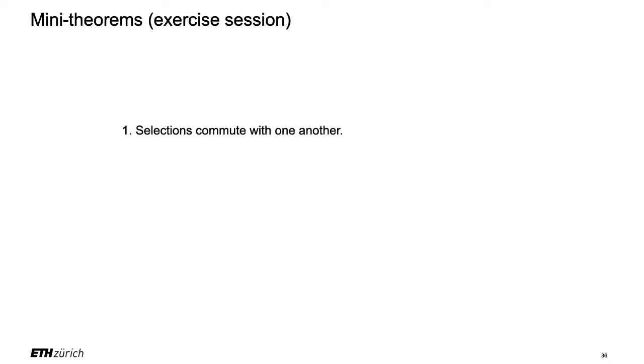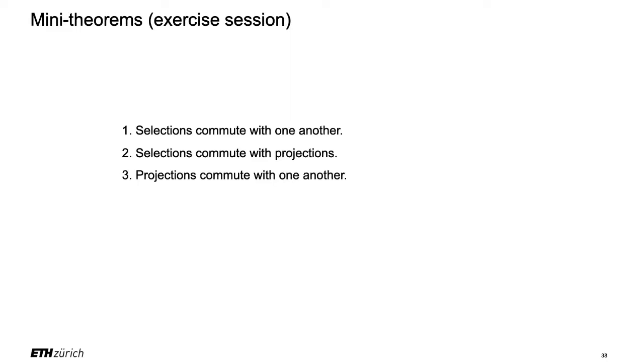That's called commutative. So they commute with one another. Selections commute with projections as well, of course, when it makes sense, because if you project away something that you need in the selection, then you have a problem, right? But in general, selections commute with projection. So if you project first and then select, or if you select first and then project, it gives you the same results. Projections commute with one another as well, also whenever that makes sense, right?